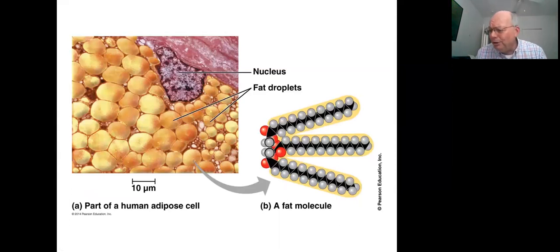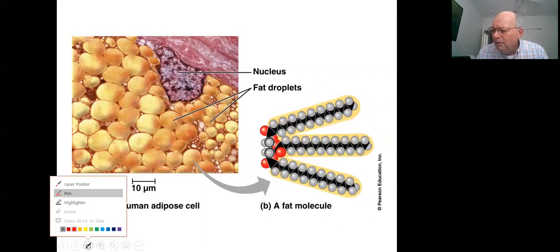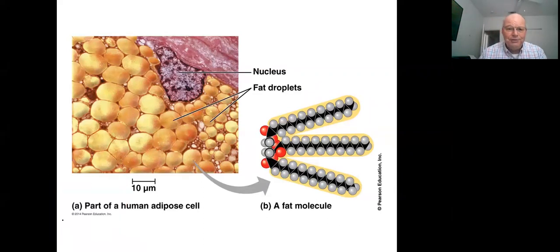And that is a real problem because, as you may recall from the last presentation, when we talked about water, one of the key features of cellular chemistry is that in order to participate, you've got to be hydrophilic, soluble in water. If you are a hydrocarbon, you are hydrophobic and therefore not soluble in water.